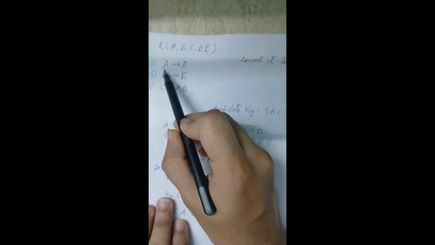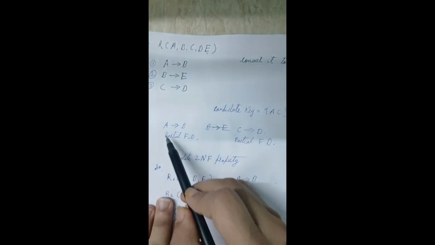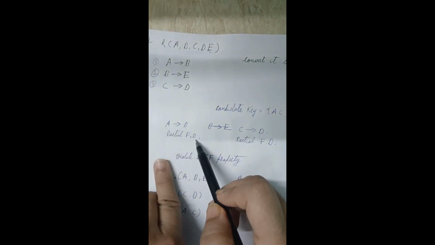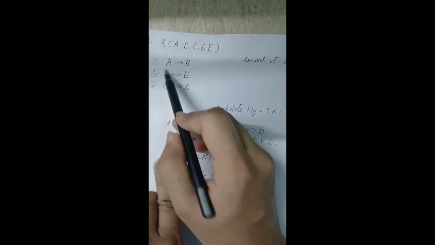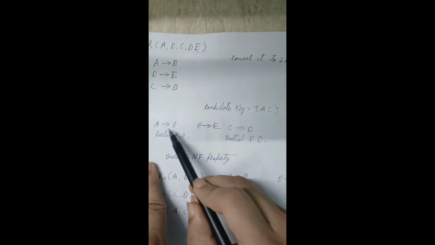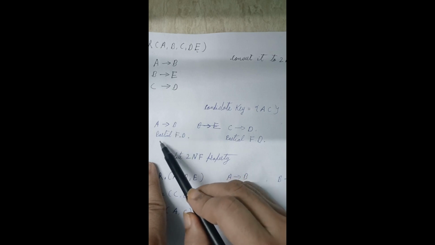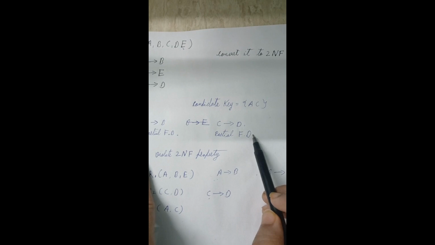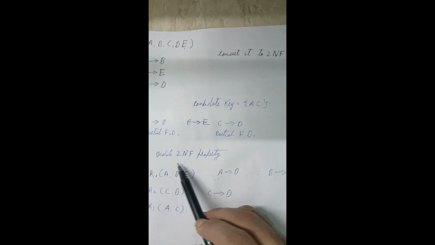From the first functional dependency, A to B is a partial functional dependency, because A is part of the candidate key and a prime attribute, and it is deriving a non-prime attribute. So there is a partial dependency. Similarly, C to E is also a partial dependency, which violates the 2NF property.